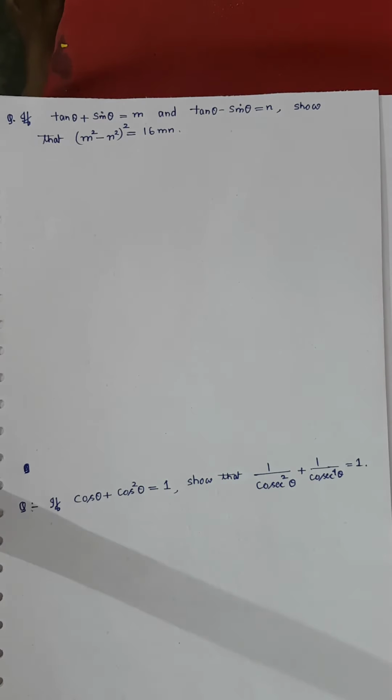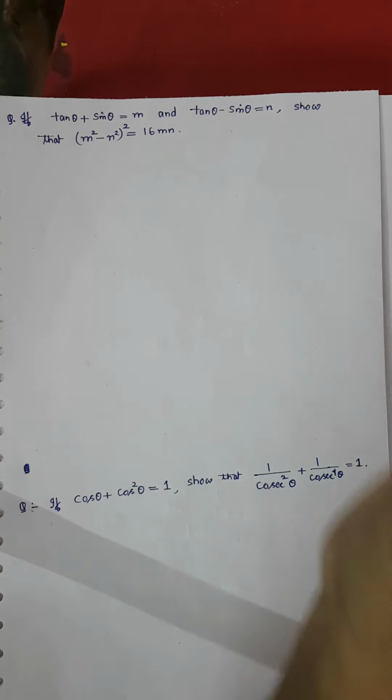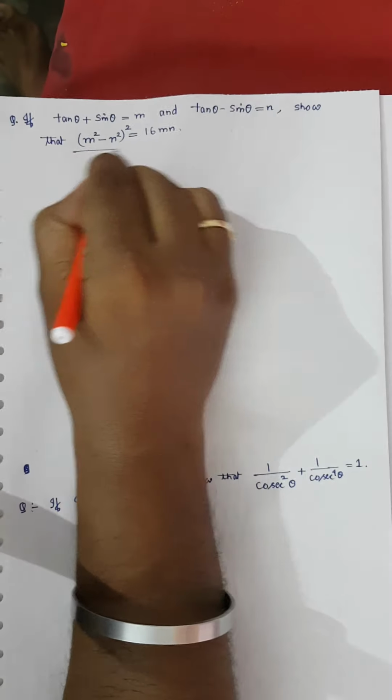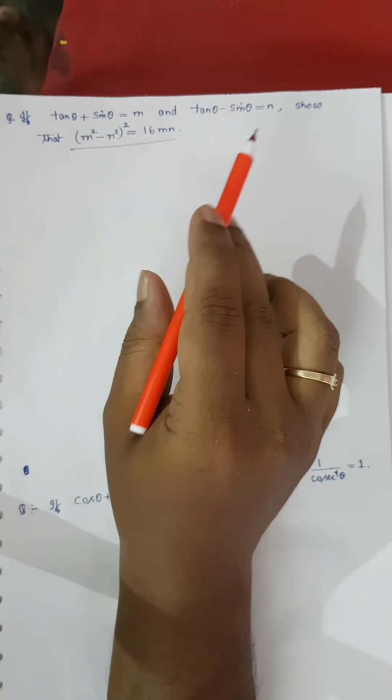If tan theta plus sin theta is equal to m and tan theta minus sin theta is equal to n, show that m square minus n square whole square is equal to 16 mn. So you are given this, and you have to prove it. Just evaluate these values and you get the result.